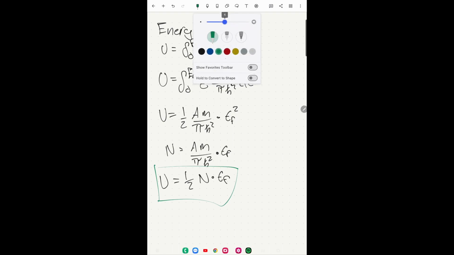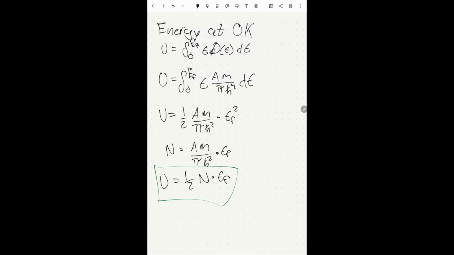And one thing I do want to make a note of is that right here, if we simplify down to this step, it makes it easier to read.